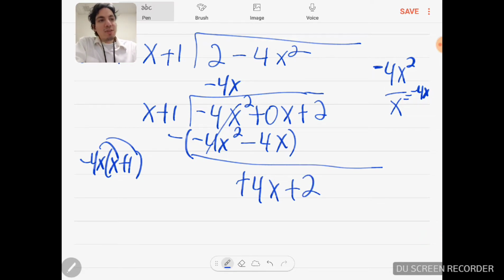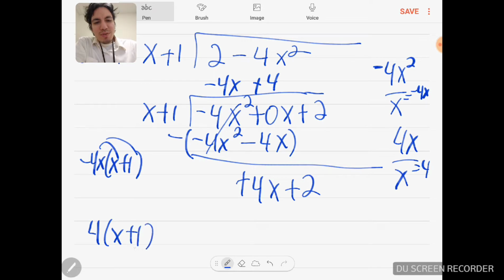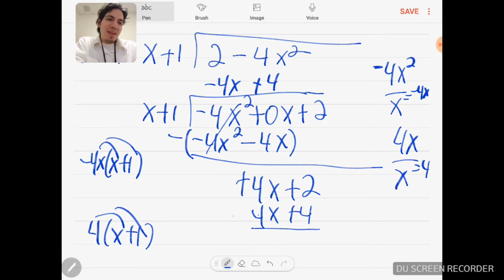Now I get to still continue to divide. So 4x divided by x is just 4. So then 4 times x plus 1, well, that's exactly what that is. You just simply get 4x plus 4, not 2. So I was going to put 2. So then after I subtract, these cancel, and I'm left with negative 2. So it would be negative 2 over x plus 1 as your final answer.